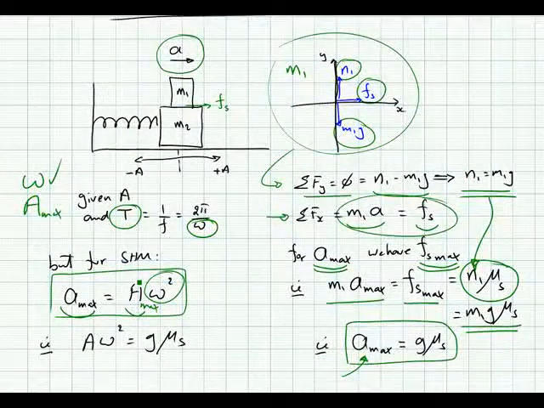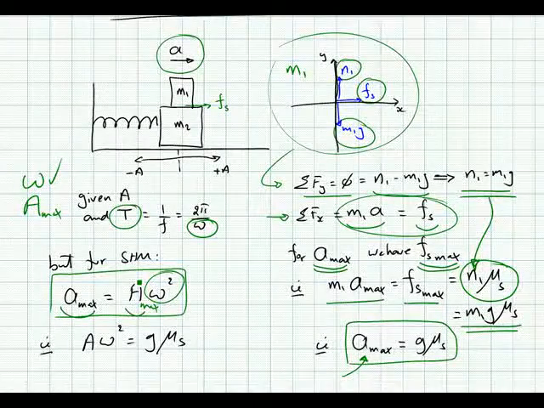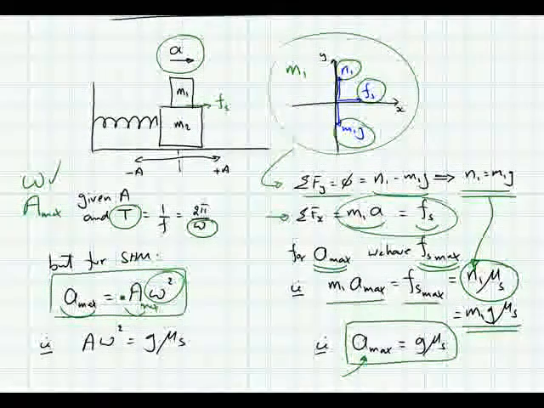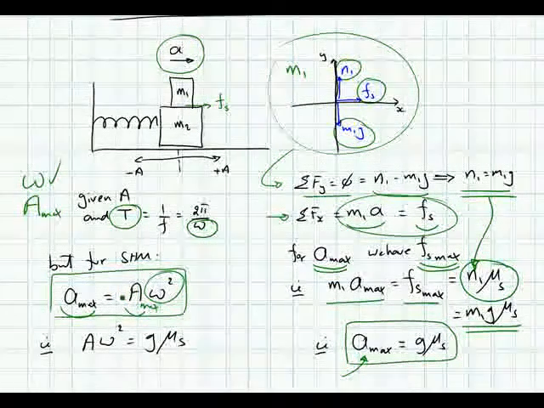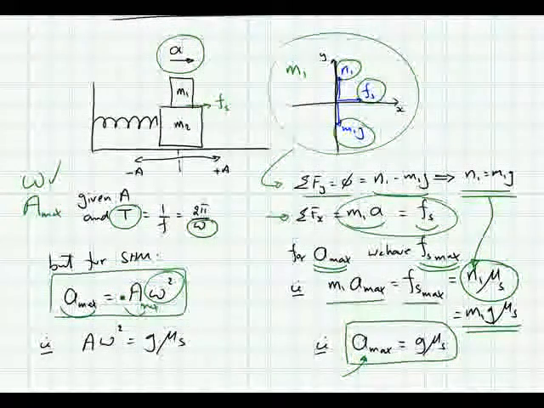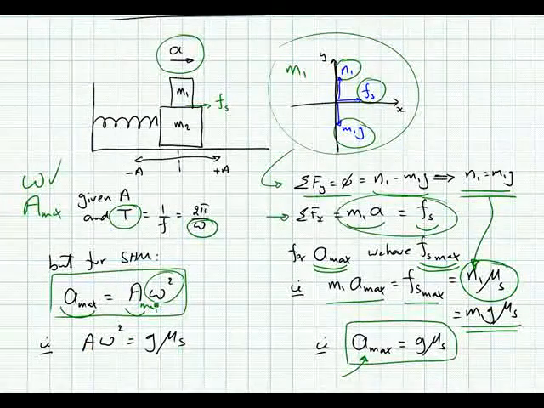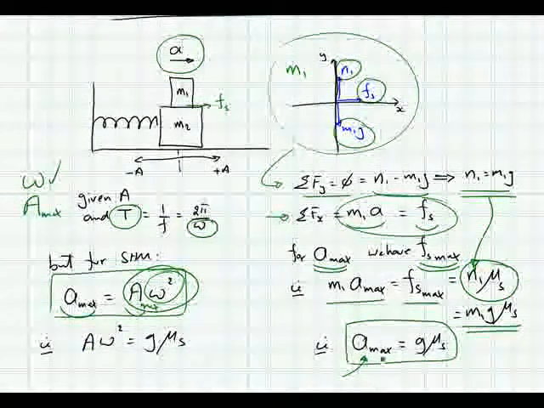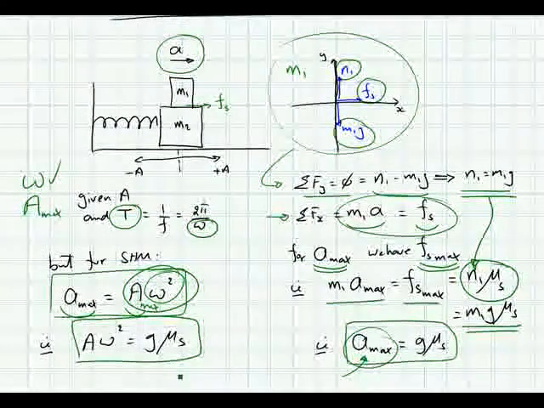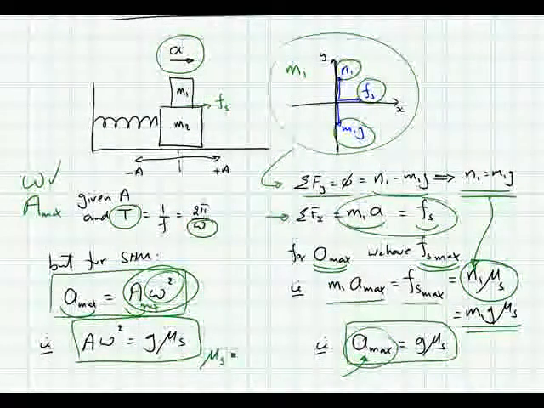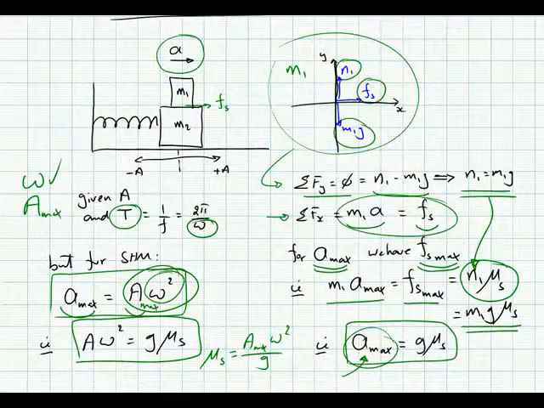I had said that the maximum acceleration of the simple harmonic oscillator is equal to maximum amplitude times omega squared. So go ahead and substitute in this term instead of a max, and you end up with this nice little expression, after which you can solve for mu s, which is equal to A max omega squared divided by g.